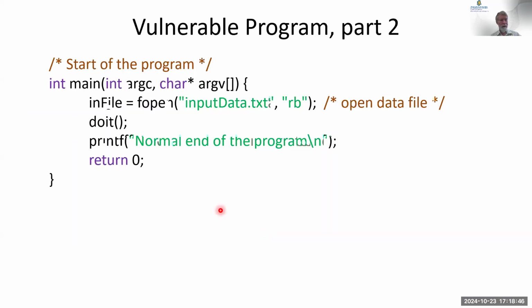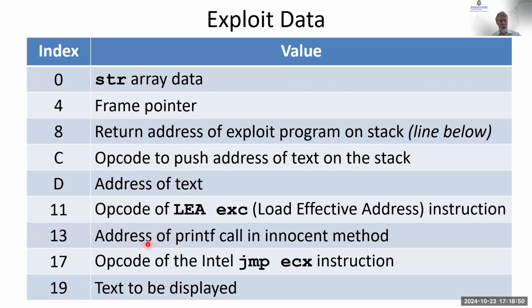The program can find out where printf is used here. You can find out what the address is and put that there. So it's going to load that into the EAX register, one of the many registers your Intel or AMD processors have, and then do a jump to that address.